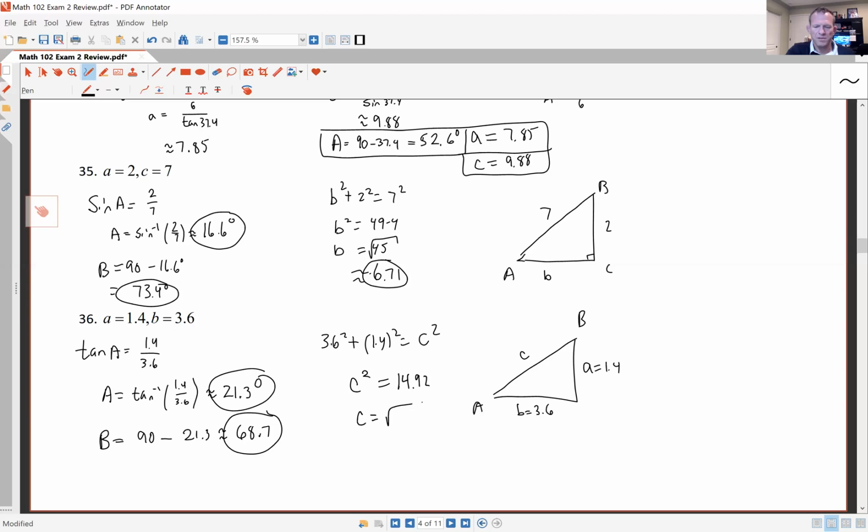So c is equal to the square root of 14.92, which rounded to 2 decimal places is 3.86. And this concludes this video for these problems from section 2.4.